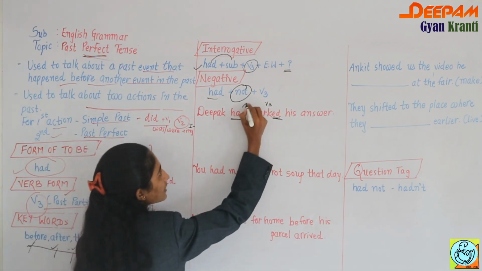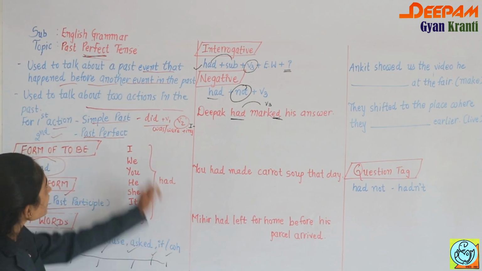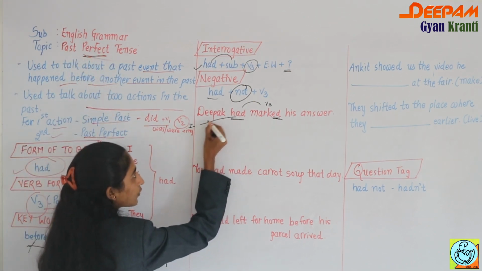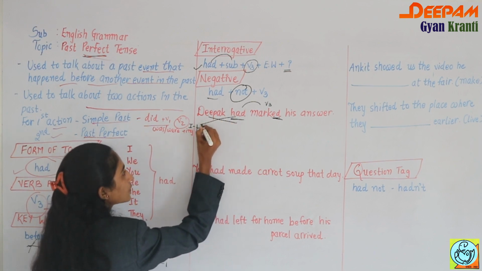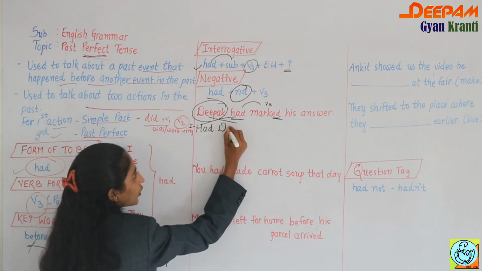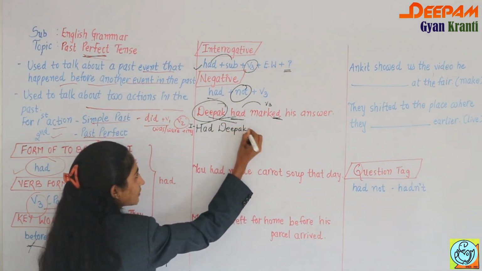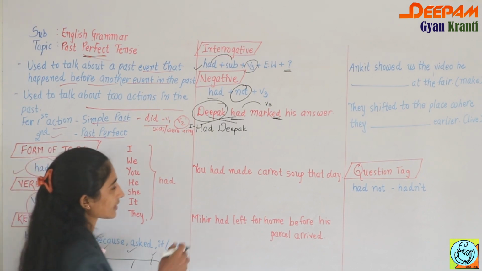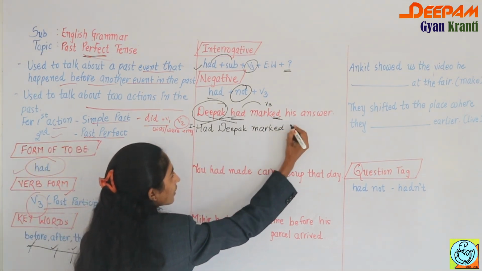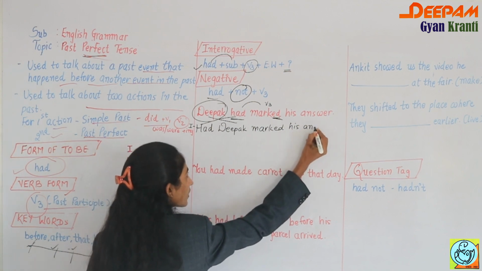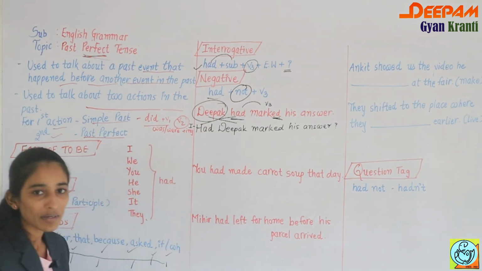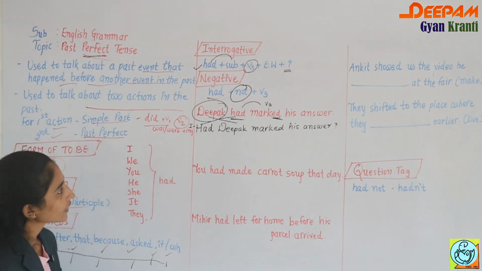So had plus past participle, so definitely which tense is here? Past perfect tense. Okay, so what comes? We have to follow the cross pattern. So had comes forward, so had, then comes the subject. The subject is Deepak, so had Deepak, then the remaining sentence as it is. So had Deepak marked his answer, then the question mark.